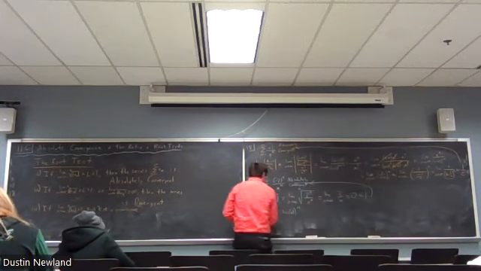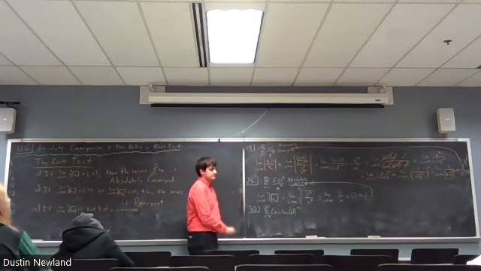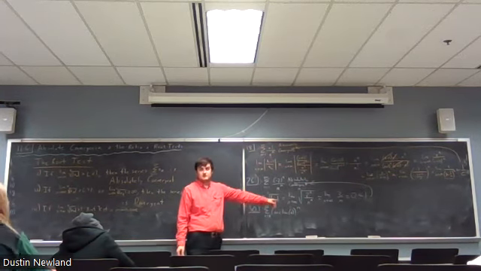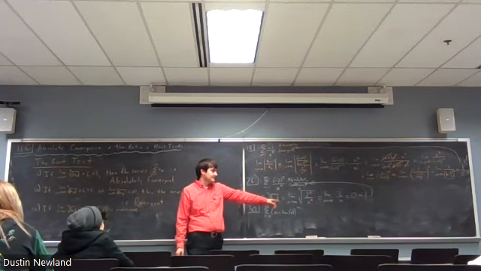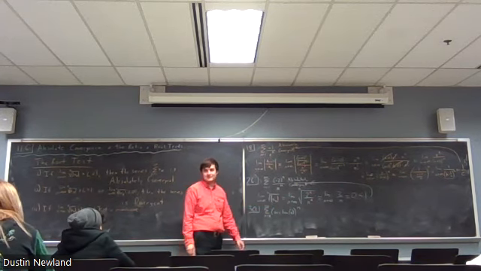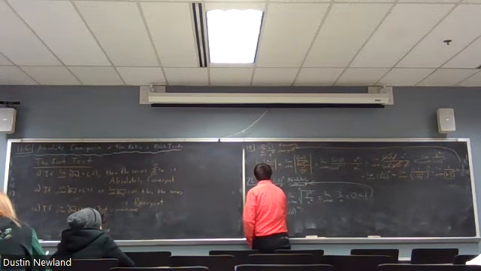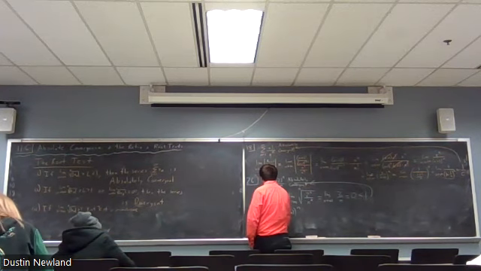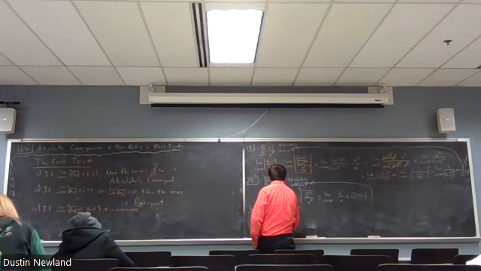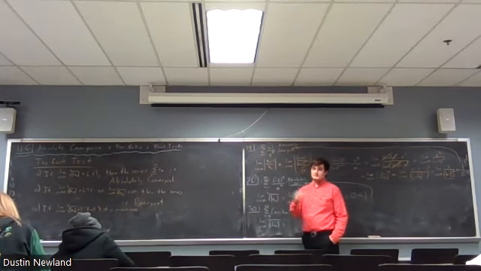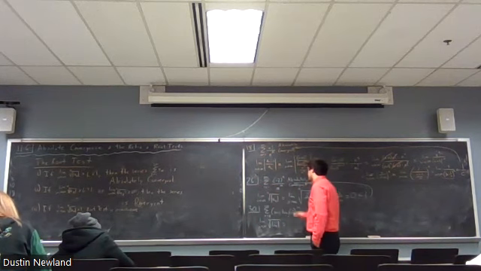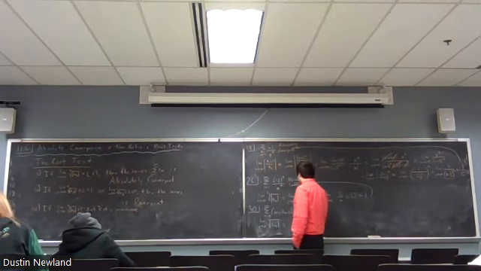Okay. So you would see a problem like this and see, oh, there's an n power on it. Might be wise to use root test here, right? Take off that n power. So I'm going to take the limit as n approaches infinity of the nth root of the absolute value of a n, which in this case is always positive, right? If I plug in 0, 1, 2, 3, 4, it's going to be positive or 0.